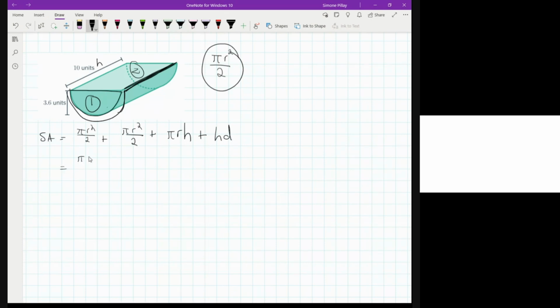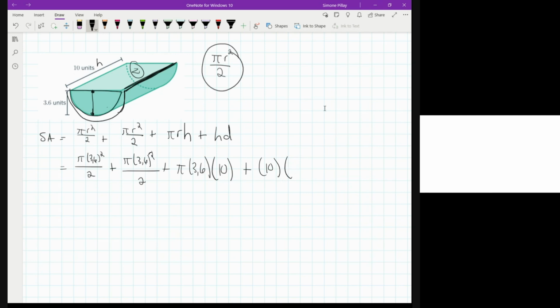It's going to be pi, my radius, by the way. They've given me the length from here to here, which is my radius. So that is going to be pi times 3.6 squared divided by 2, plus pi times my radius again, 3.6, times my height, which we said was 10, plus my height of 10 times my diameter, which is 3.6 times 2.